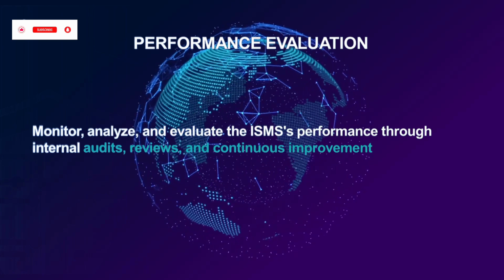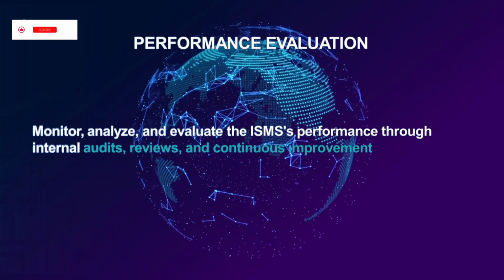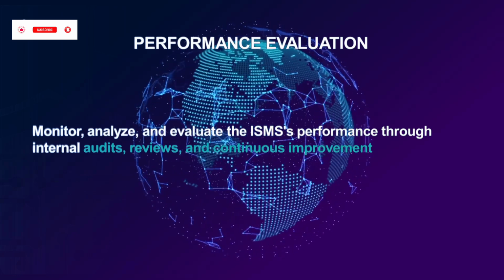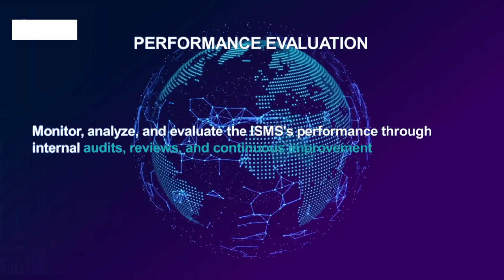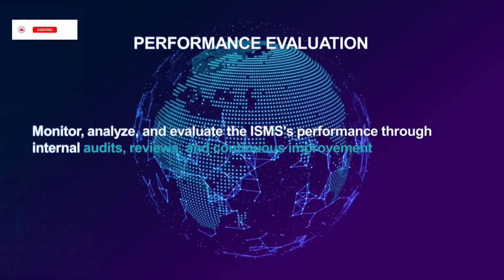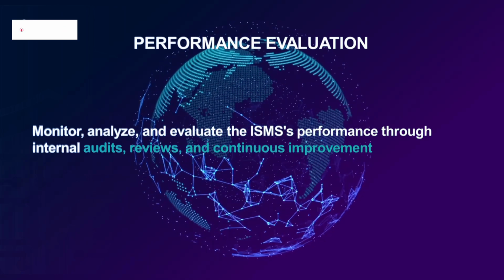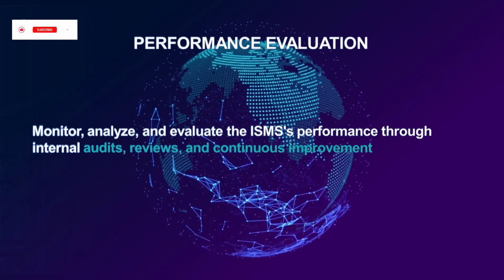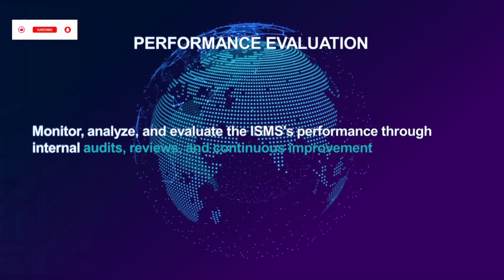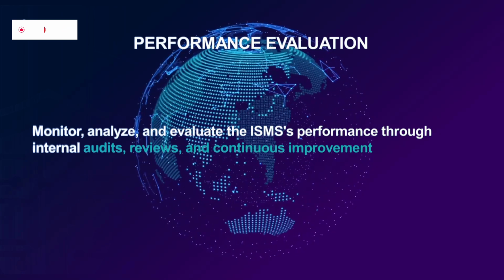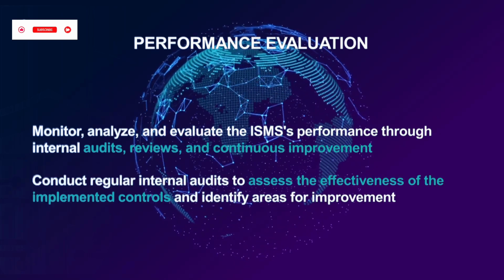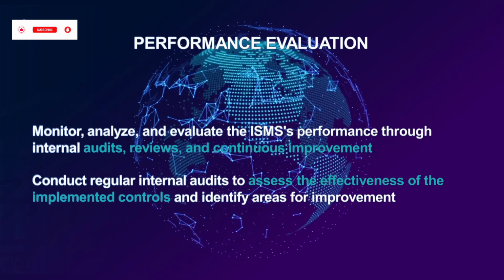So we need to conduct regular audits internally. We can also do them externally, with third parties coming in to assess the effectiveness of the controls and then identify any gaps, any areas for improvement. We have a control in place that we think is doing one thing. When we tested it, it's really doing this, and the gap is in between.